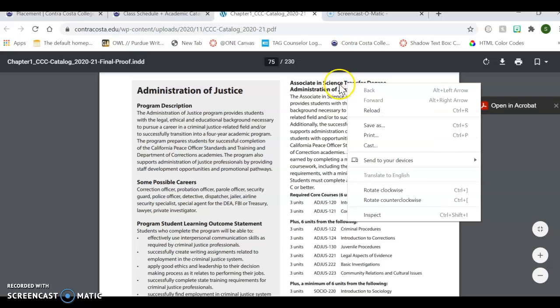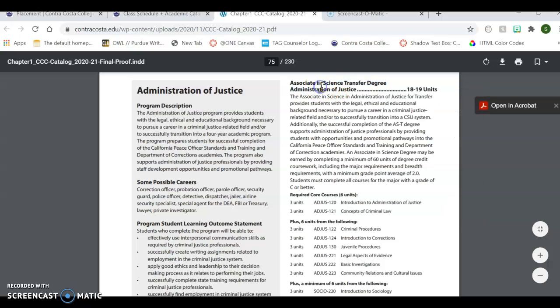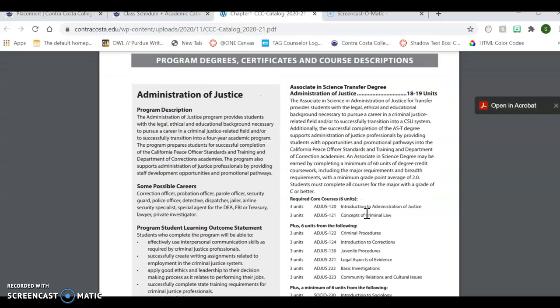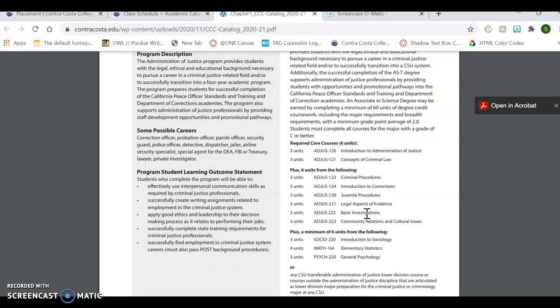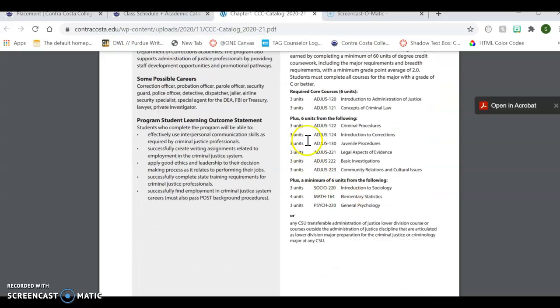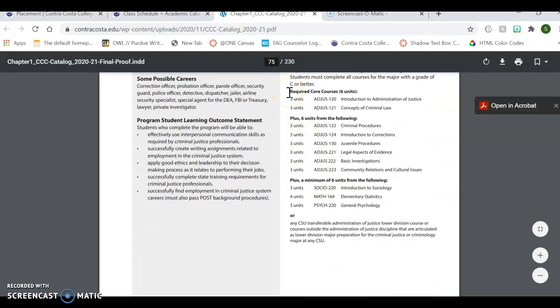Students who follow this degree pattern and complete the general education along with a minimum of 60 units will earn an Associate of Science for Transfer and also meet all of the general education and major preparation for the CSUs, schools like San Francisco, Cal State East Bay. For this particular major, first it tells us what the required core courses are.